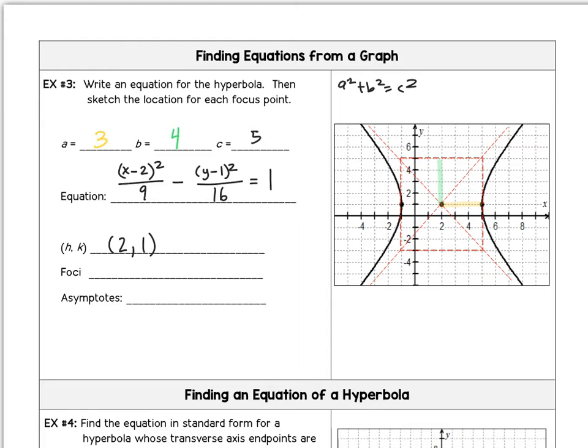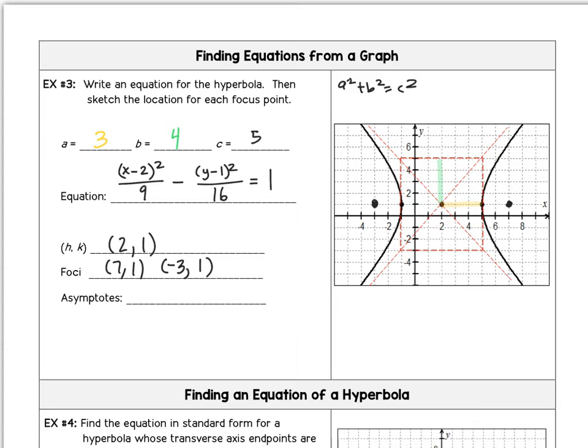So 1, 2, 3, 4, 5, and 1, 2, 3, 4, 5, on either side of the center, going in the direction of the hyperbola. So that would be 7, 1, and the other one would be -3, 1. Sometimes it helps to draw it out before you just try to do the math on it.